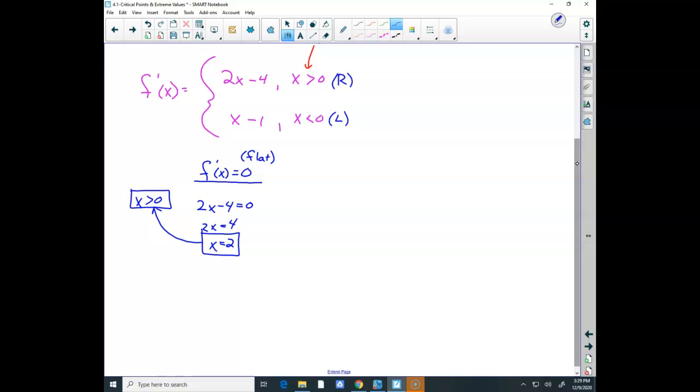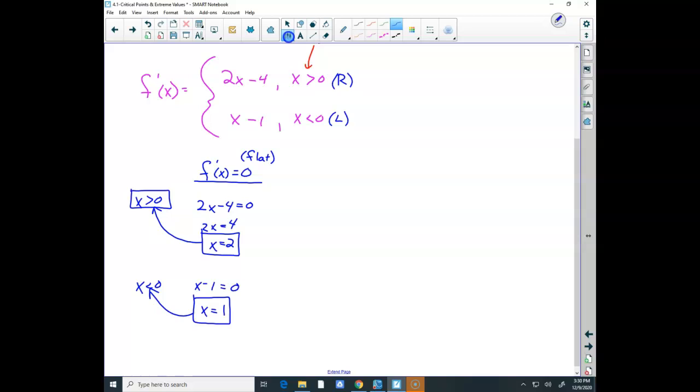Well, how about my other piece of the function where x is less than 0? I need to take that, x plus 1, set it equal to 0, and it's actually x minus 1. Sorry. And it's x minus 1, so this is when x equals 1. Now, is that in the domain of the second piece?